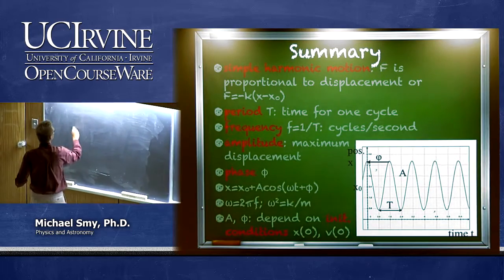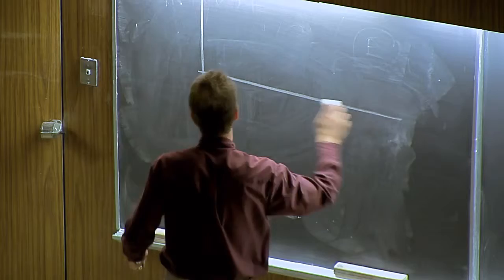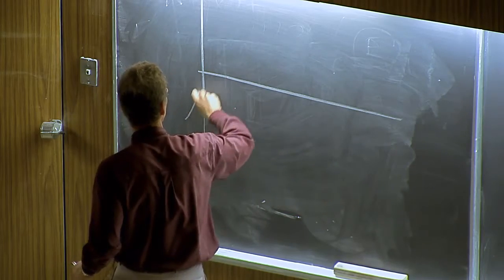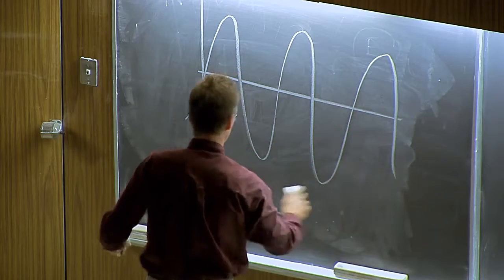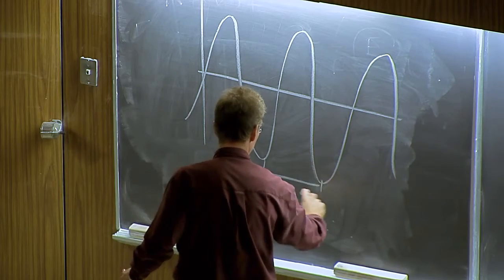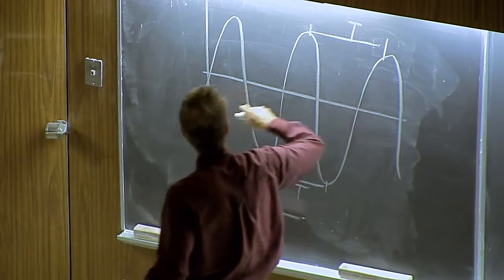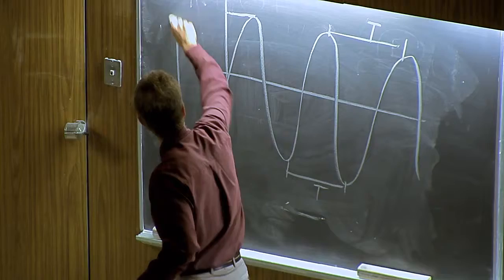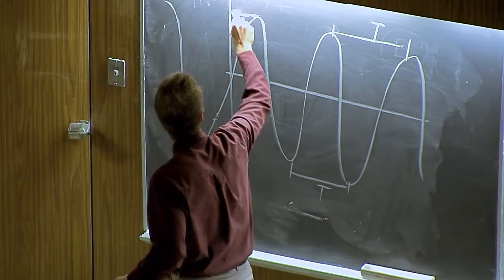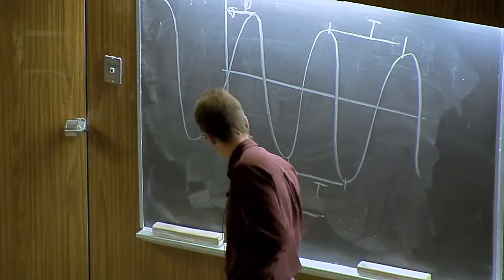So in this case, the period is still given by this, or for example by that, but the phi only goes to the origin, not to the next crest.